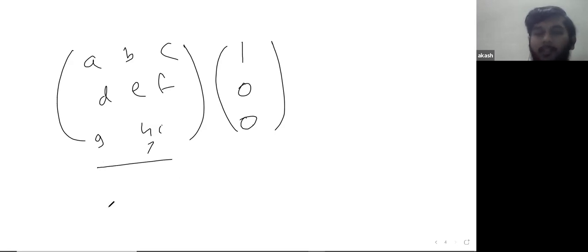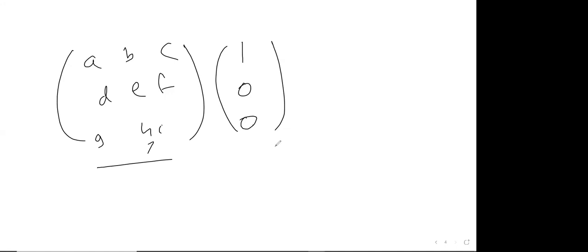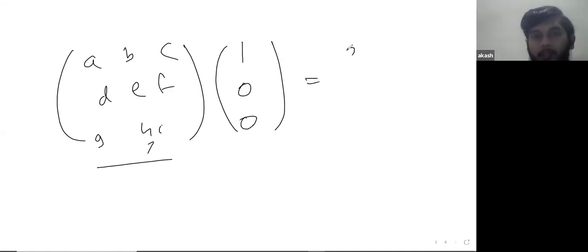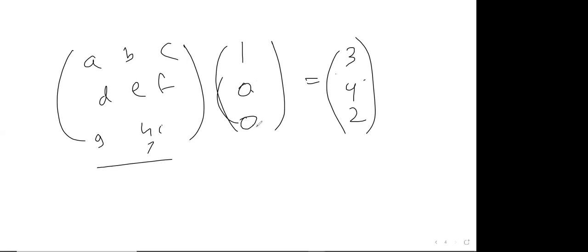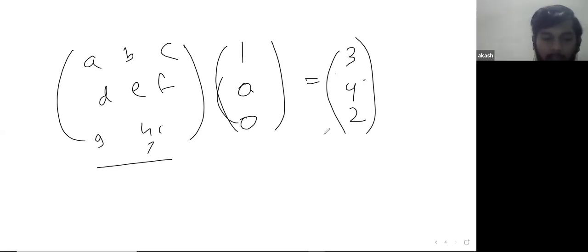That is why it is called the transformation matrix. And the transformed point was 3, 4, 2. What this means is this point is transformed into the point 3, 4, 2.